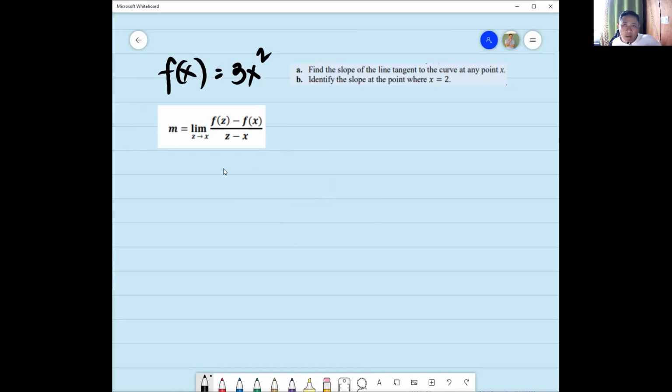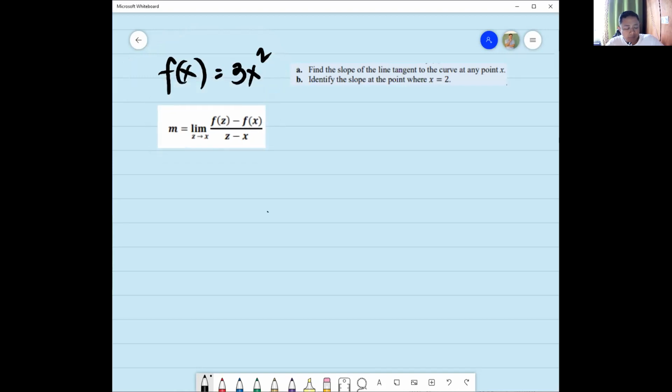So in short, x has no specific value yet. What we are finding now is the slope of the tangent line that will intersect a given curve. And when we graph this function, this is the curve that we are referring to.